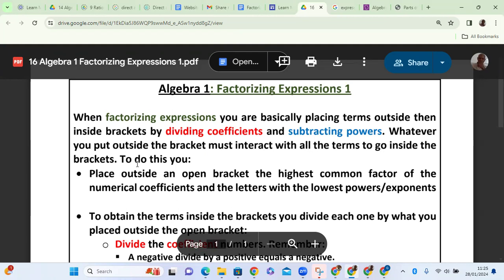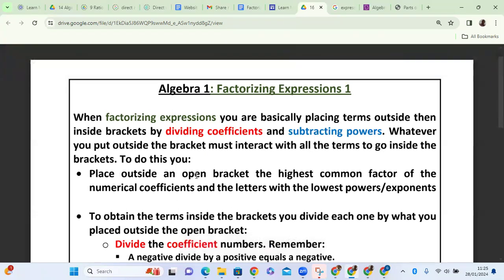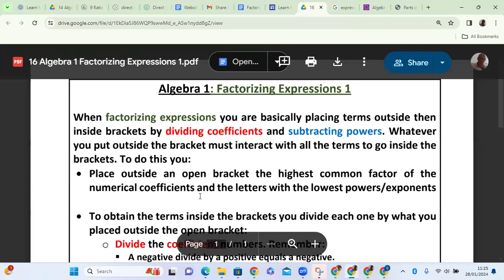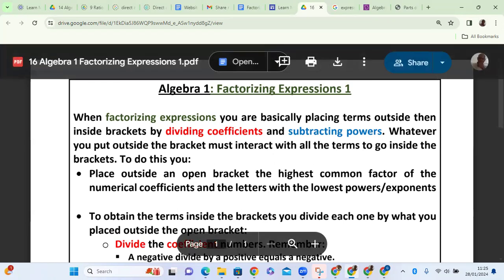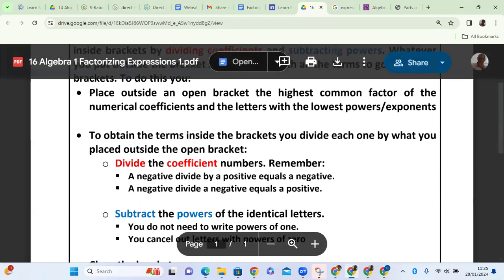Now to do this, you have to place outside an open bracket the highest common factor of the numerical coefficients and the letters with the lowest powers. To obtain the terms inside the brackets, you have to divide each one by what you placed outside the open bracket. So you divide the coefficient numbers.